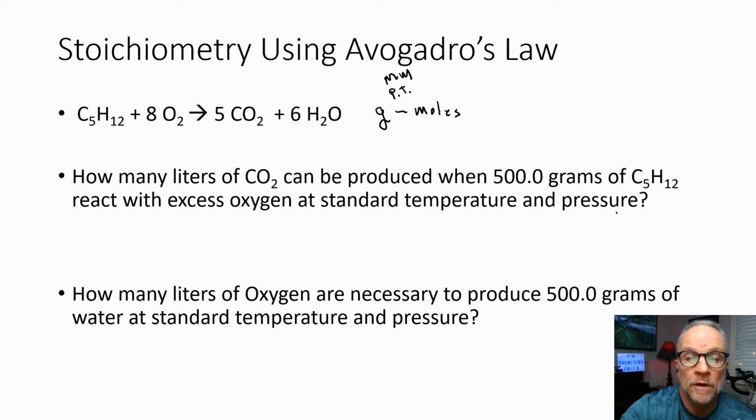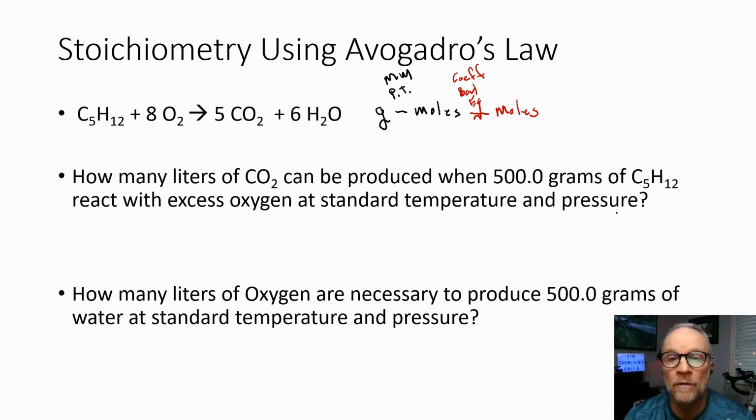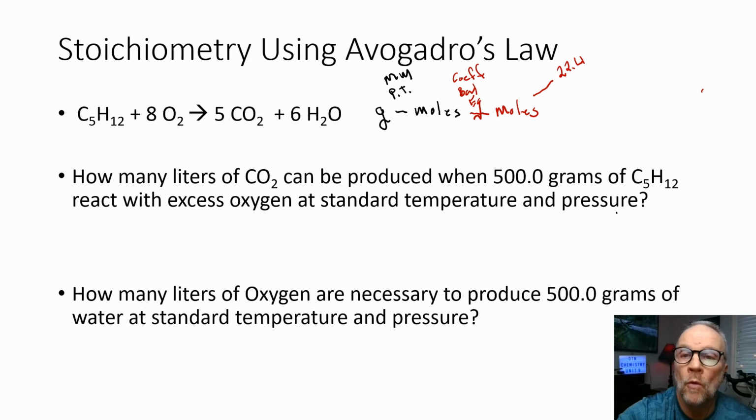And then we're going to go from moles of one chemical to moles of the other, using the coefficients off the balanced equation, just like before, to change from one chemical to the other. And then instead of going from moles to grams again, we'll go from moles to liters here using 22.4 liters is equal to 1 mole.